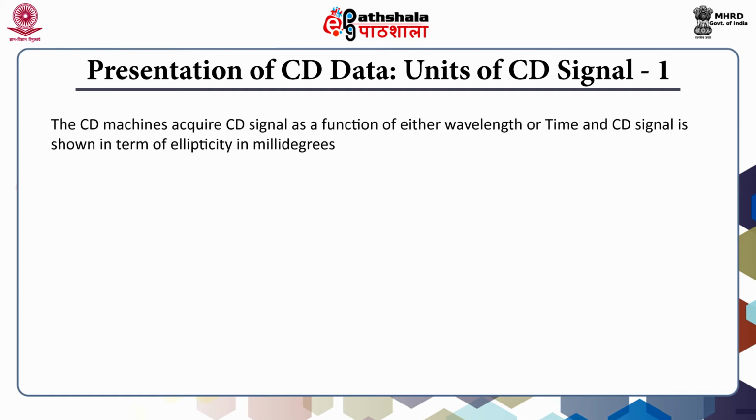The CD machines acquire the CD signal as a function of either wavelength or time, and the CD signal is shown in terms of ellipticity in millidegrees, because the ellipticity of the ellipse is usually in millidegrees.